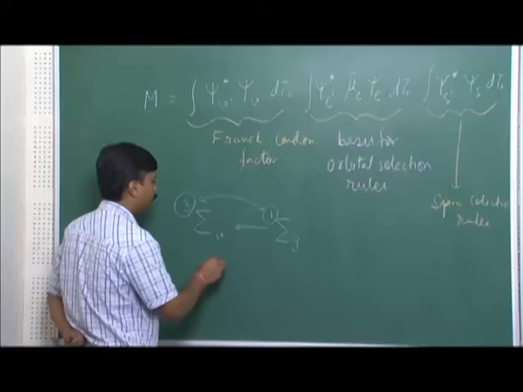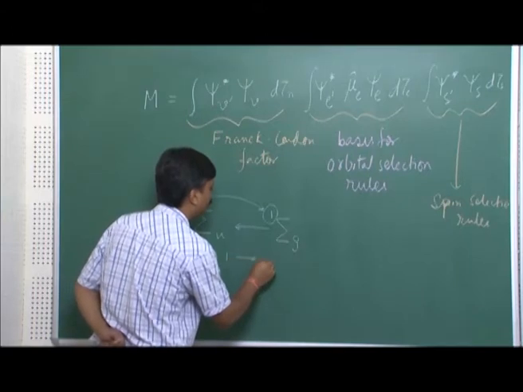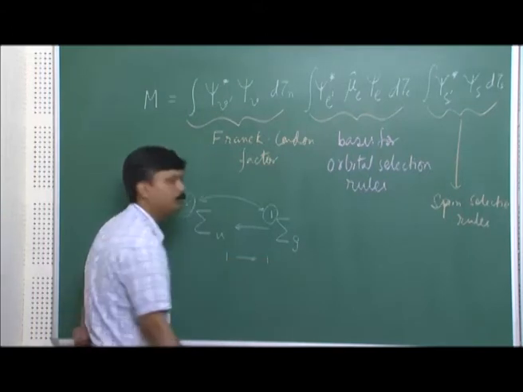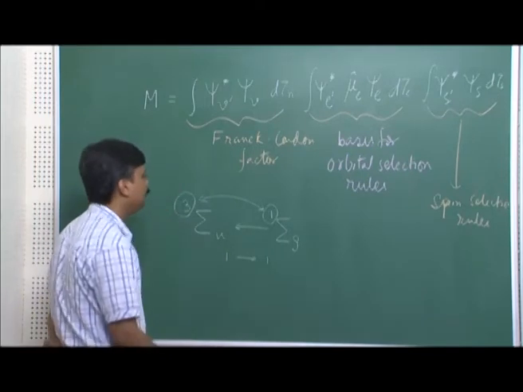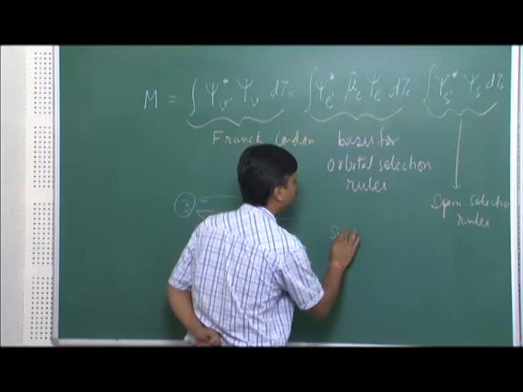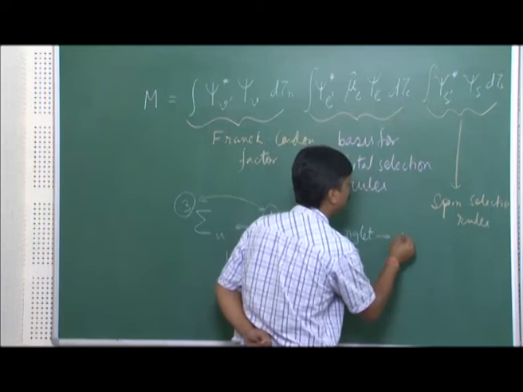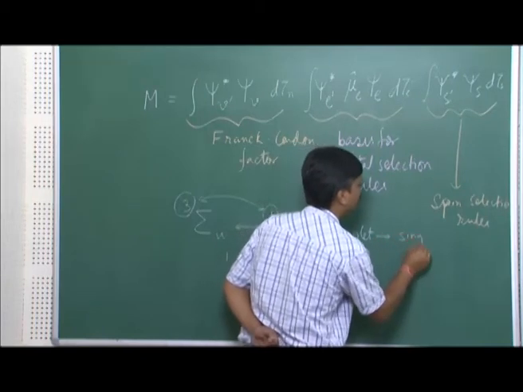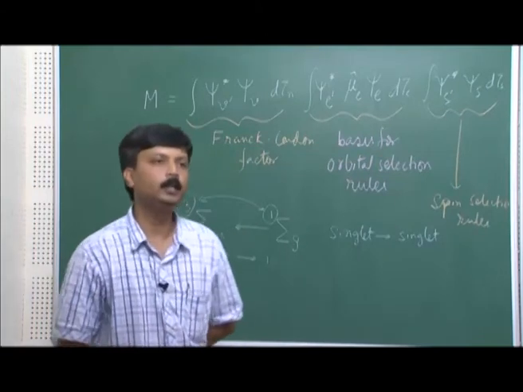So a case where spin multiplicity goes from 1 to 1 is allowed. Okay, so if I have a singlet state, I can have a transition to a singlet state, having spin equal to 0, so spin multiplicity is 1.